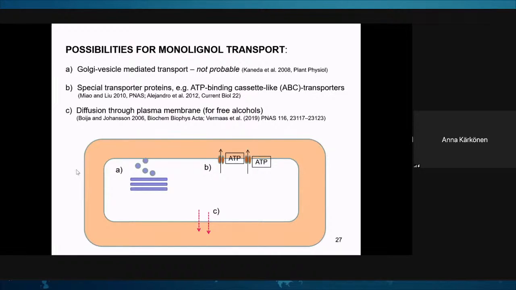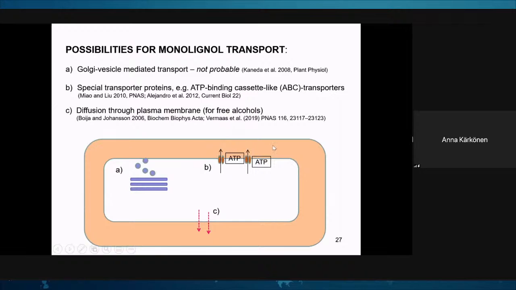There have been ideas that it could be Golgi-mediated transport, similar to how hemicellulose or pectin are synthesized. They are synthesized in membranous structures called Golgi, and then vesicles deliver those to the plasma membrane, and then the vesicles fuse and liberate the contents. So this was suggested at a certain time, but Lacey Samuel's group showed that it's not probable in the case of monolignols.